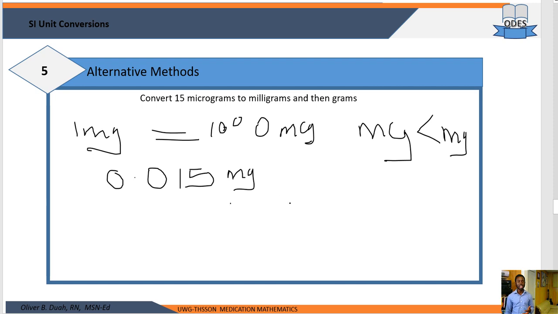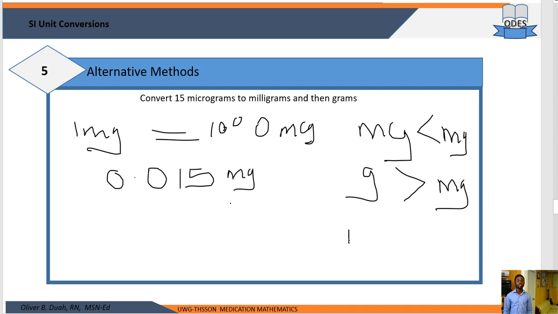And we have 1000 micrograms in 1 milligram, but we also have 1000 milligrams in 1 gram. And so between gram and milligram, which one is the larger one? So you have gram, milligram, and gram is greater than milligrams.